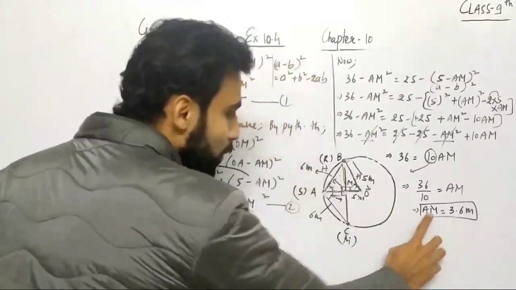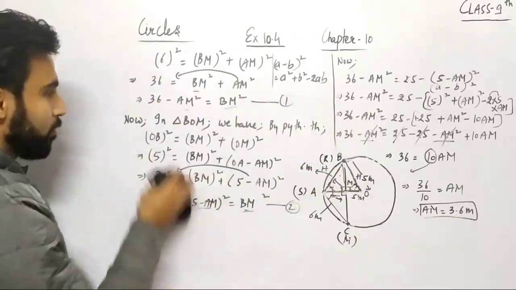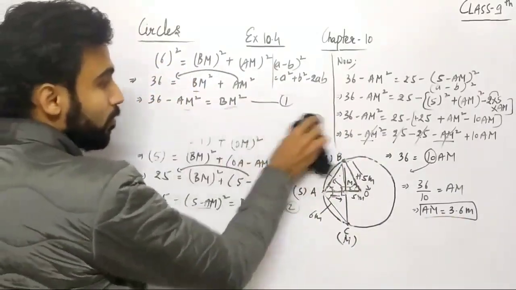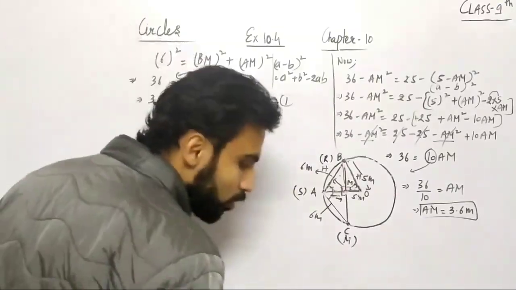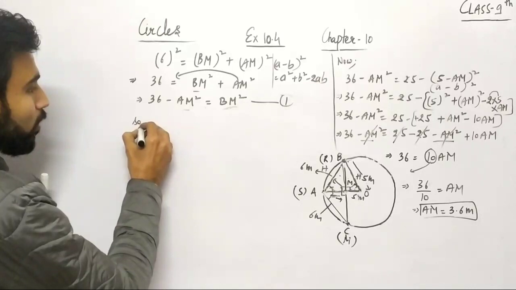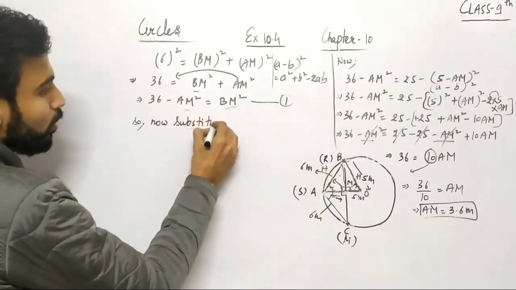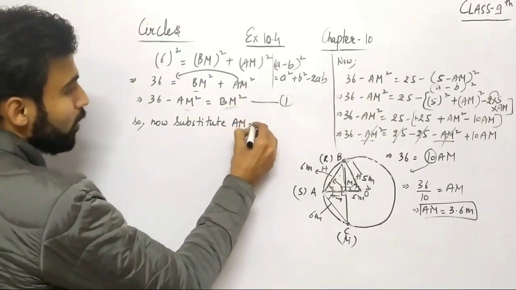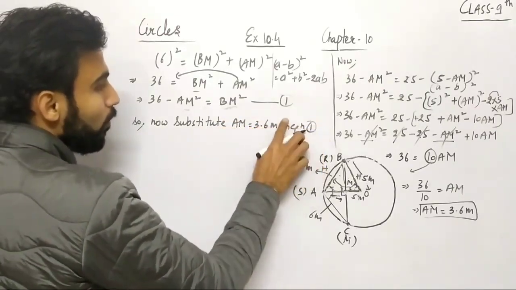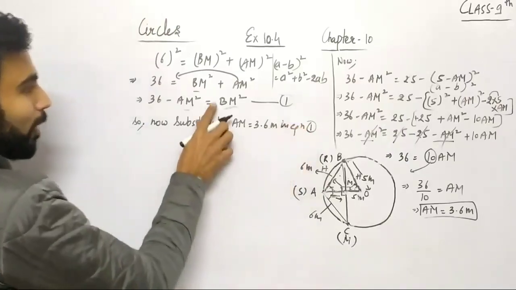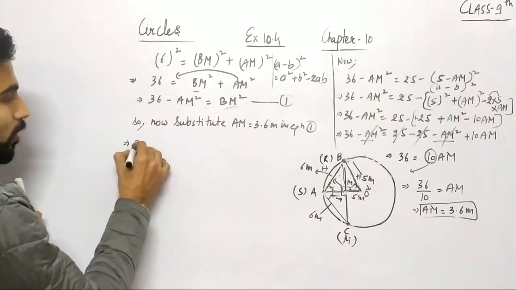Now let me simply substitute the value of AM as 3.6 into this. So you can see now, substitute AM is equal to 3.6 meter in equation number first, right? Getting my point? So here you can see the value of AM is 3.6. So let me just substitute that.